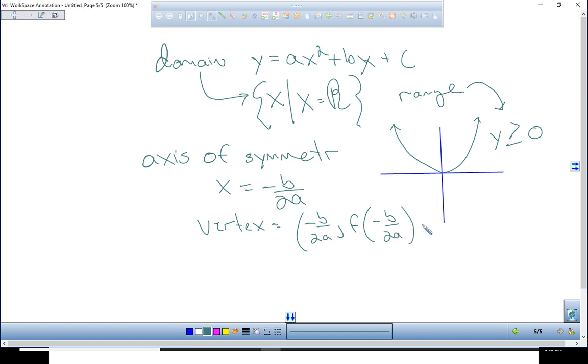In other words, just what Morgan just said, you just plug whatever you get for x into the equation and you get out y. Did you know that? Who knew that?